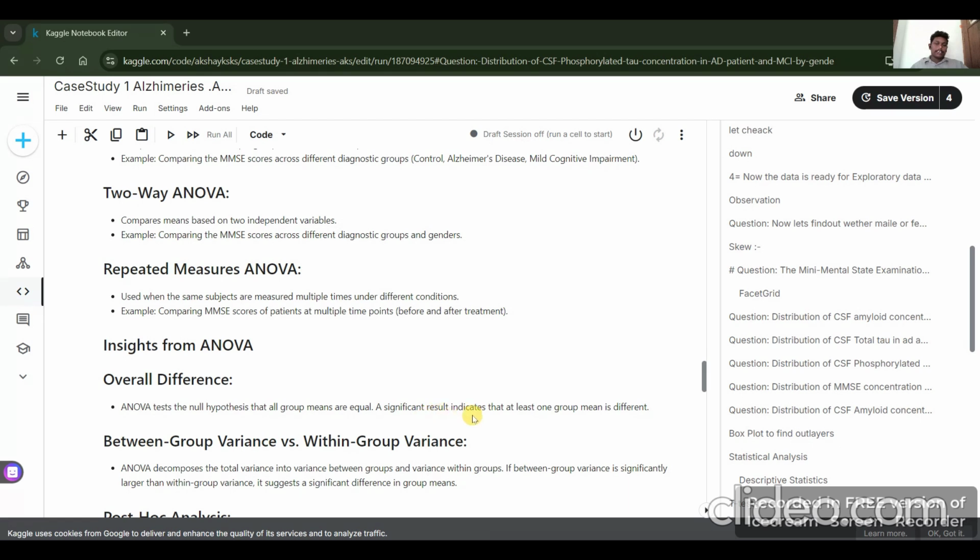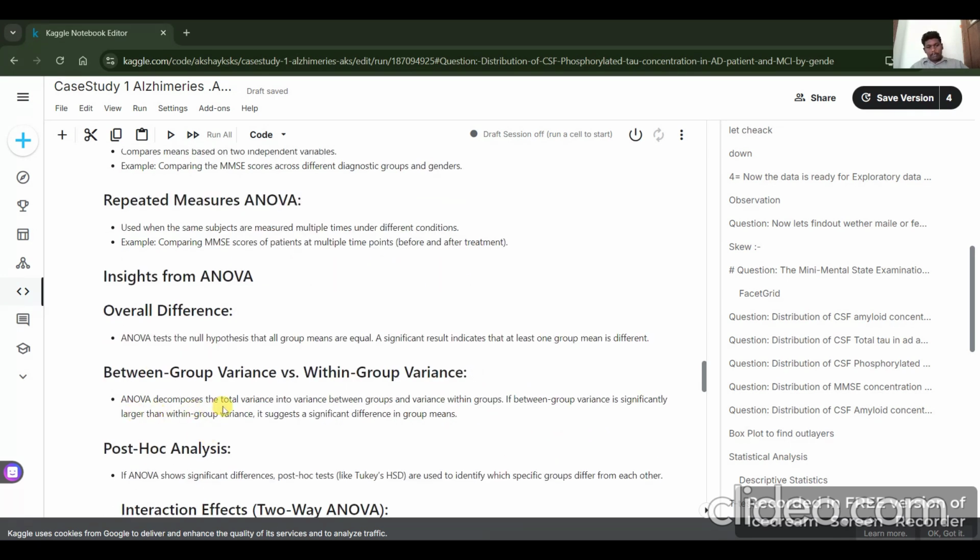A significant result indicates that at least one group mean is different, based on the difference between group variance versus within-group variance. ANOVA decomposes the total variance into variance between groups and variance within groups.